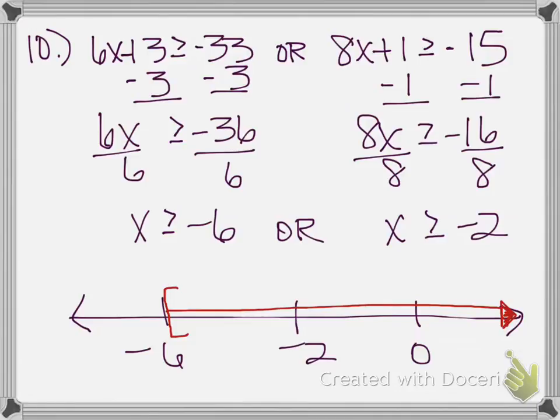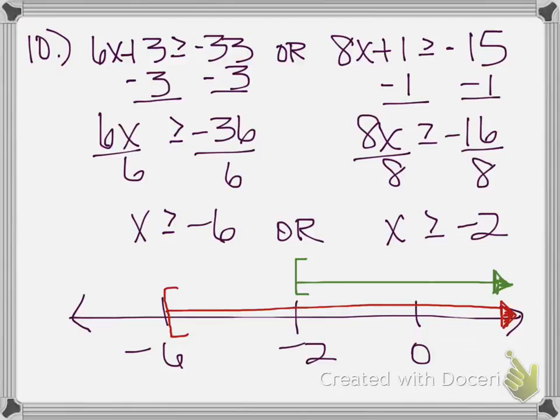If I want to graph the other one, it would be greater than or equal to -2. So I would have a squared off bracket at -2, also shaded to the right. So they're both going in the same direction.